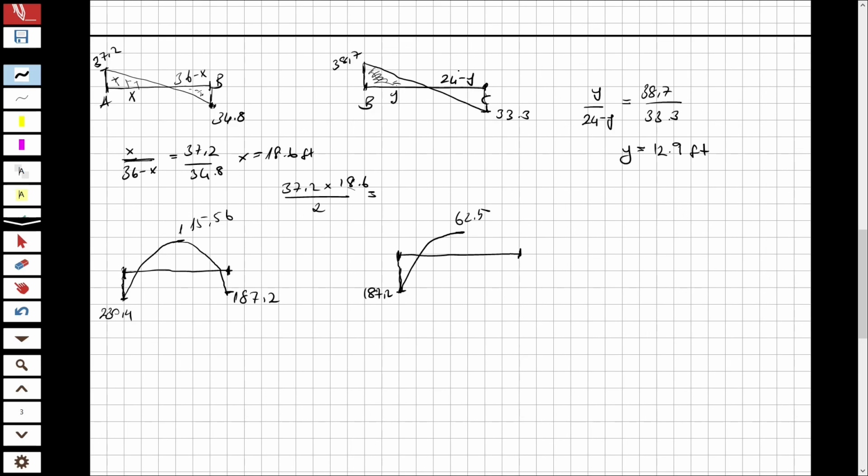Then I'm going to decrease by this amount of area, and I'm going to obtain 122.4. And this is going to be the moment diagram for the second part. This is B, this is C, this is A, and this is B.